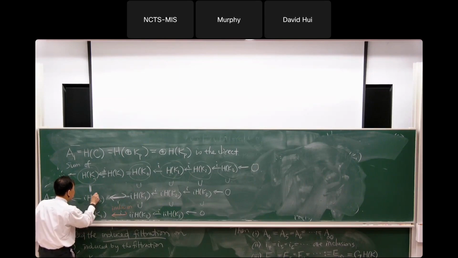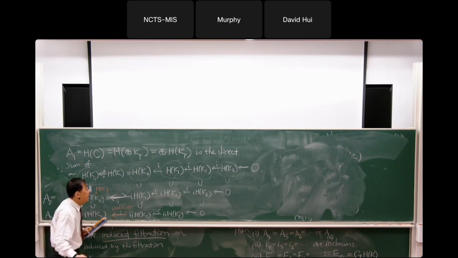Yeah, this is case H of K. Okay? And so it goes to H of K. So now you have two inclusion maps. Okay.